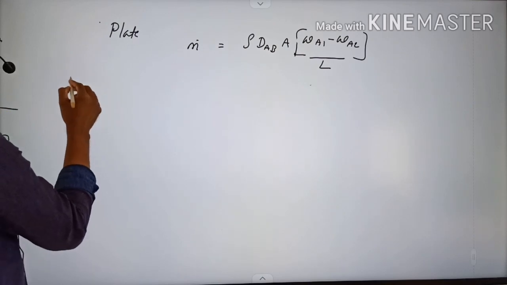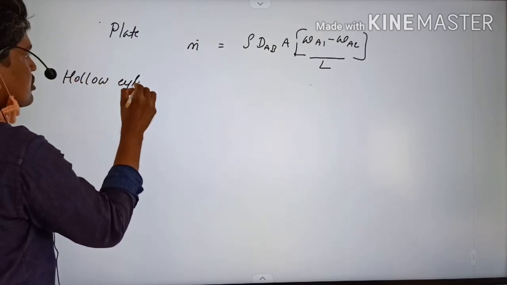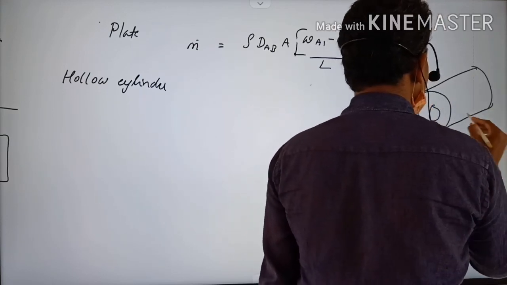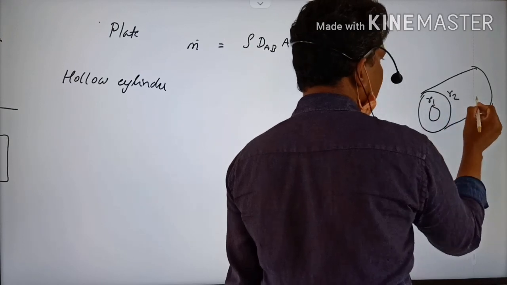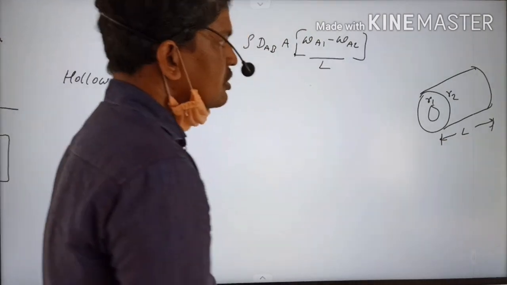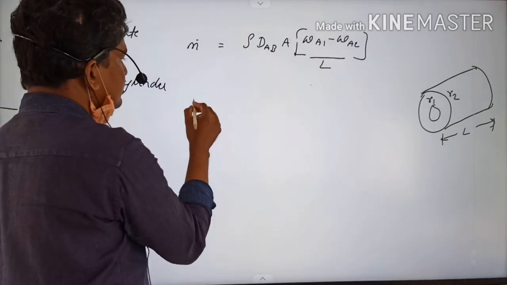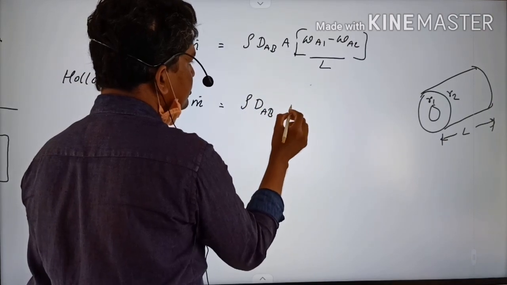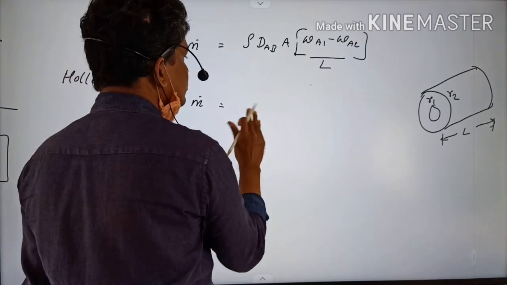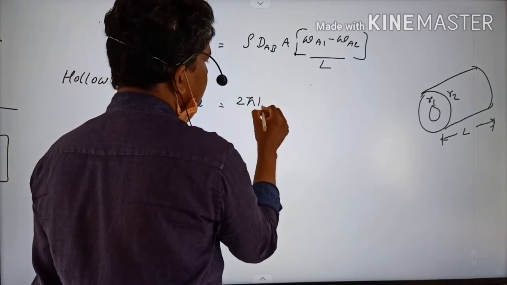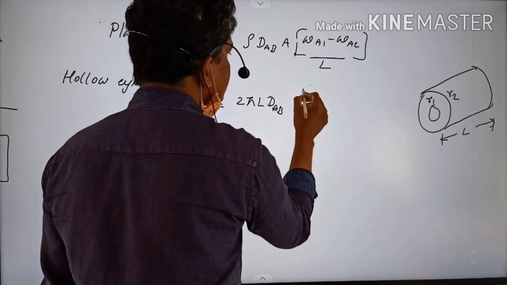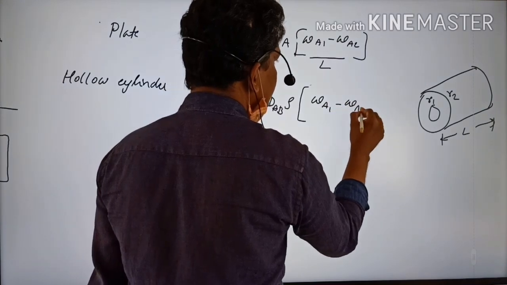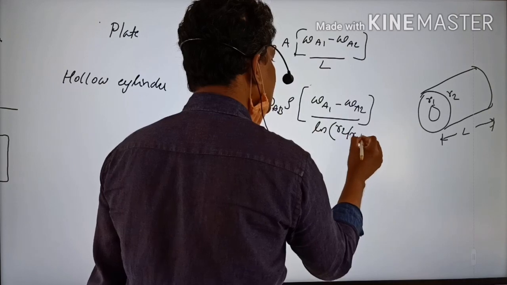Then for a hollow cylinder, if R1 is the inner radius, R2 is the outer radius and L is the length, the diffusion rate is equal to 2 pi L dAB into rho into WA1 minus WA2 by ln R2 by R1.